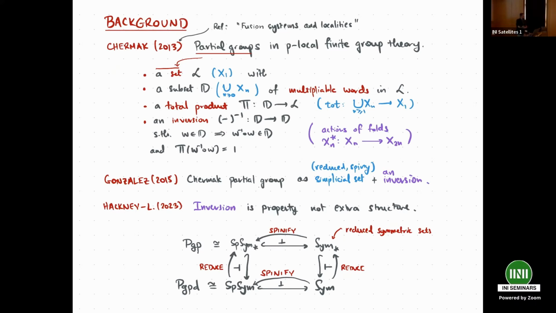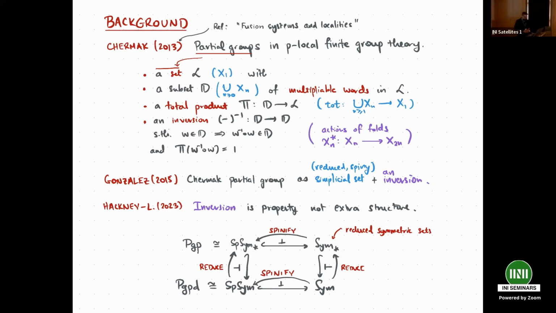There's a unique one when it exists, so an inversion is really a property that a monoid can have. It's not extra structure. So this translates into being able to lift your simplicial set to a symmetric set. And the second observation that you need is that epsilon is generated by delta and the folds.